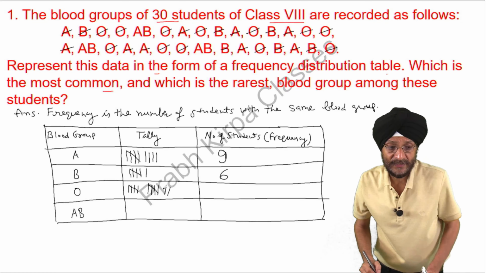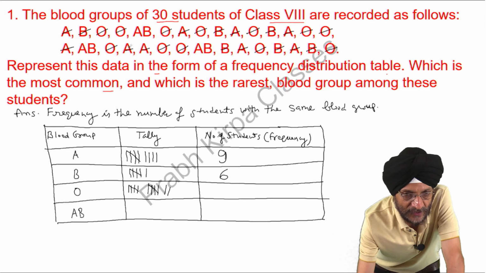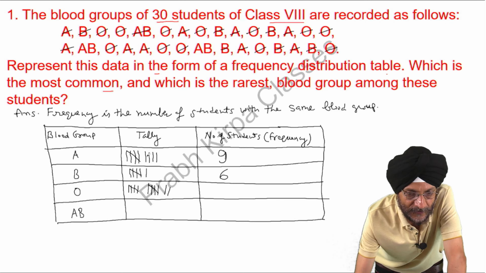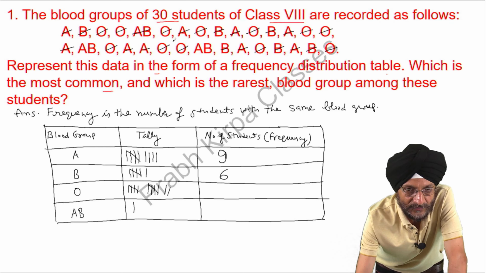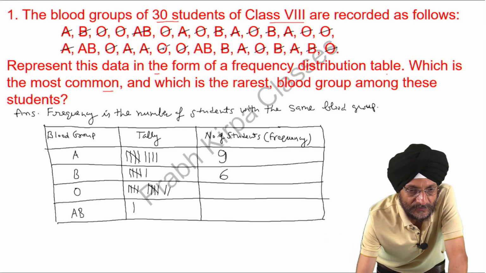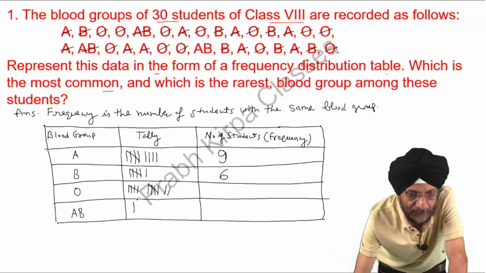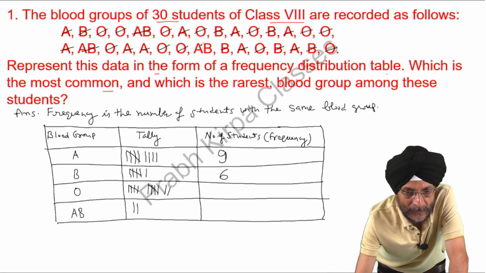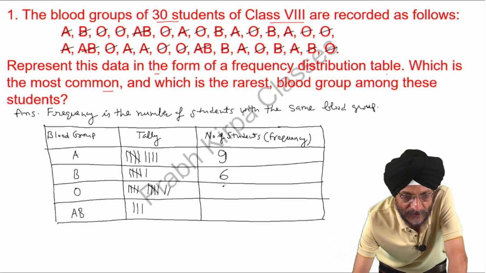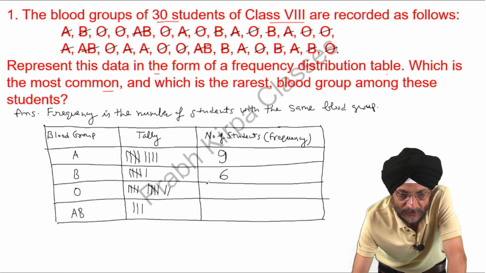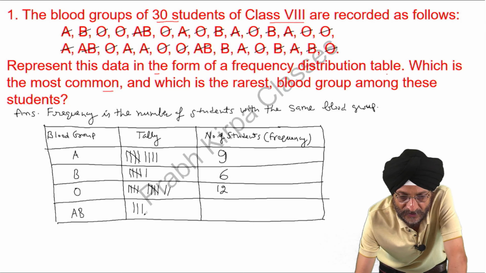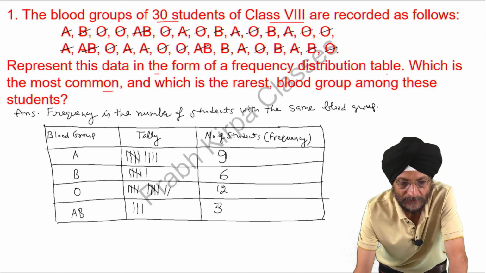Now what is the balance? It is AB blood group. Let us count the same: 1, 2, and 3. These were blood group O. The number of students were 5, 5, 10 plus 2, 12. And for AB there are only 3.